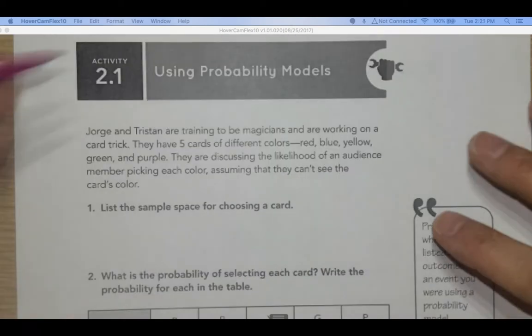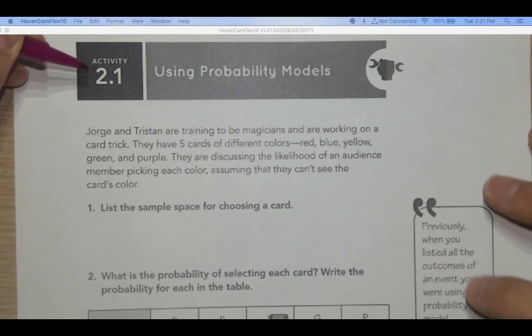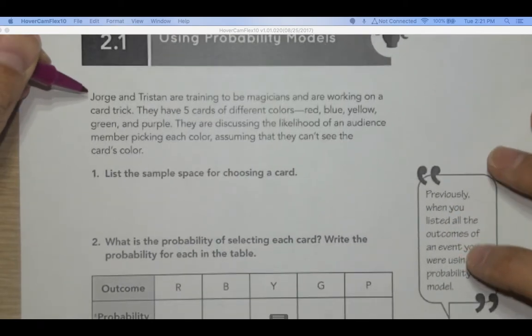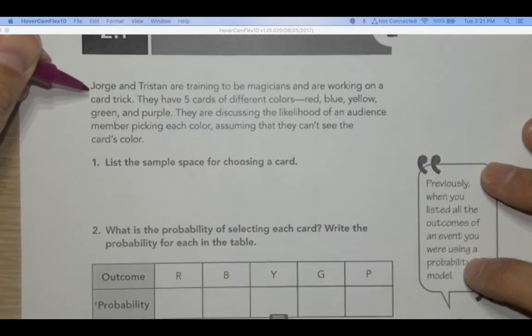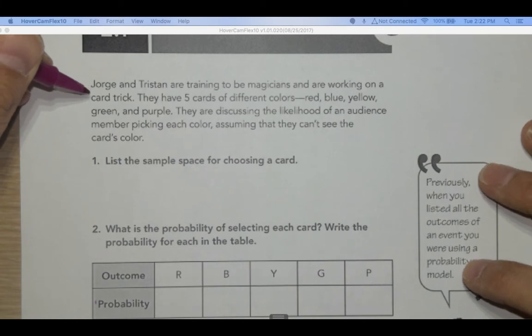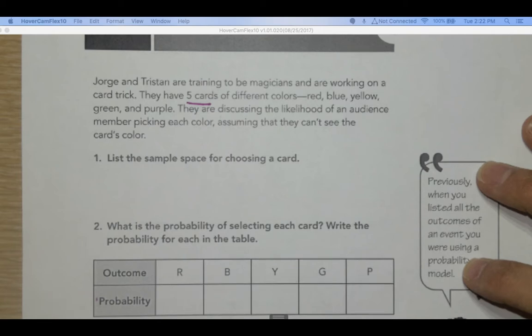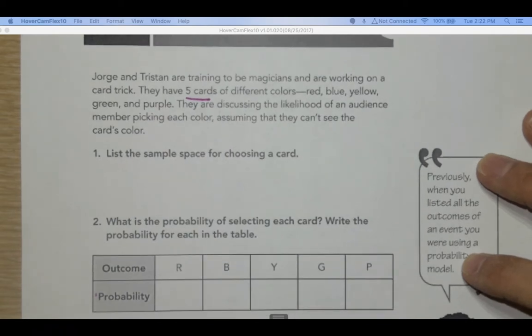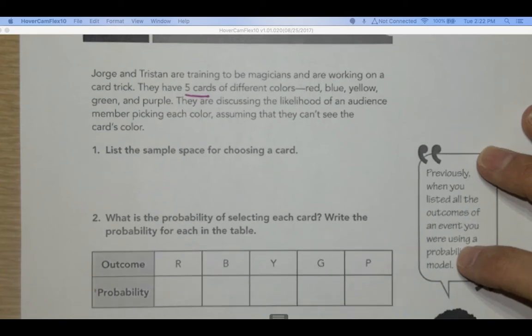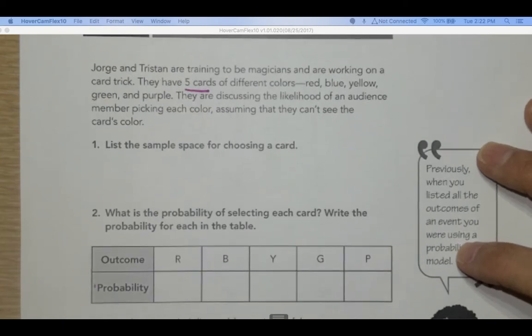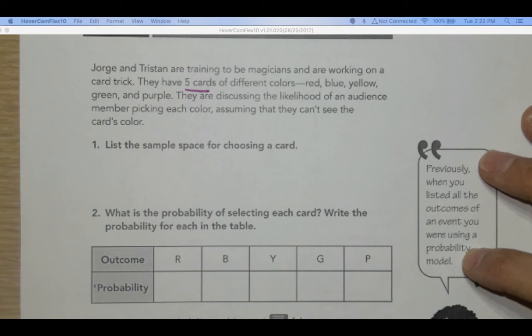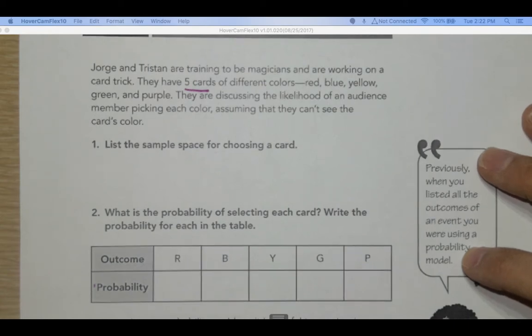All right, activity 2.1, using probability models. Jorge and Tristan are training to be magicians and are working on a card trick. They have 5 cards of different colors: red, blue, yellow, green, and purple. They are discussing the likelihood of an audience member picking each color, assuming that they can't see the card's color.